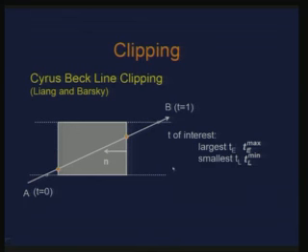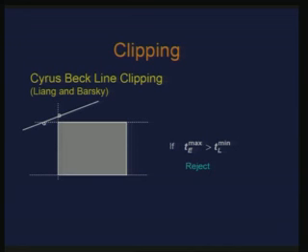Now, in fact, this can also help me further. Since I am evaluating intersection points, I also need to decide whether the line is actually inside or outside. This can even help me do this: where T e max is greater than T l min, I reject the line, and that is what is happening in this case.